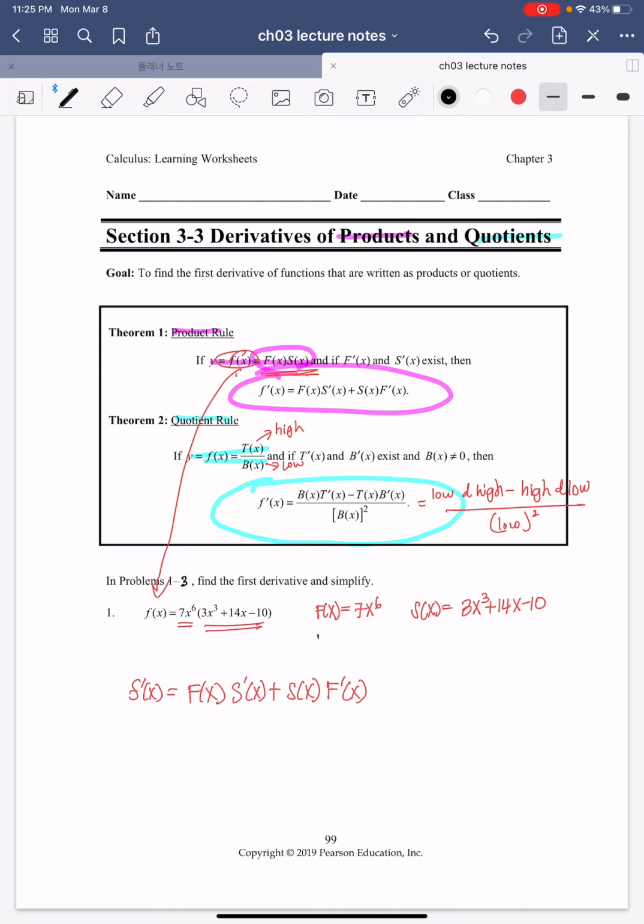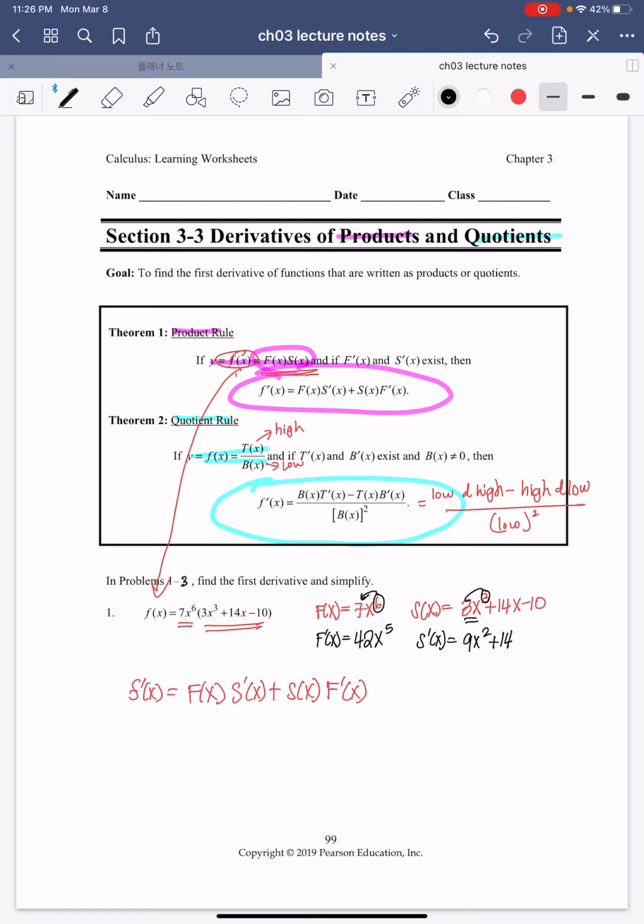Let's take the derivative of capital F. This is an easy one. Bring down the power, subtract by 1. So 42x to the 5th power. S prime will be similar, term by term. So you have the first one, bring down the power and subtract by 1, 9x squared, plus 14, and then the constant disappears.